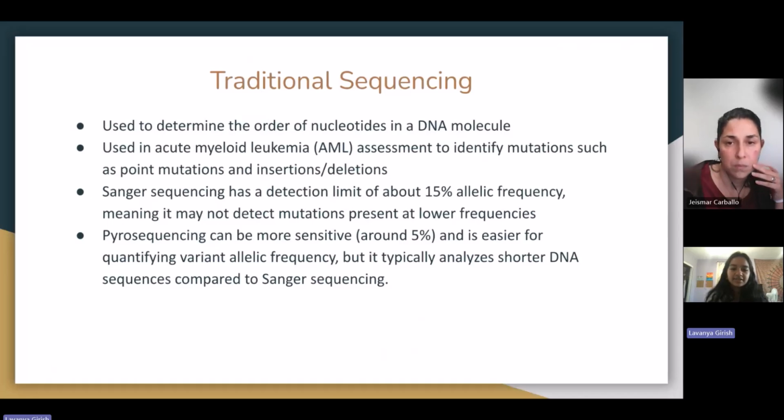Pyrosequencing is another kind and can be more sensitive and easier for quantifying variant allelic frequency, but it typically analyzes shorter DNA sequences, so it's not good for larger scale analysis.